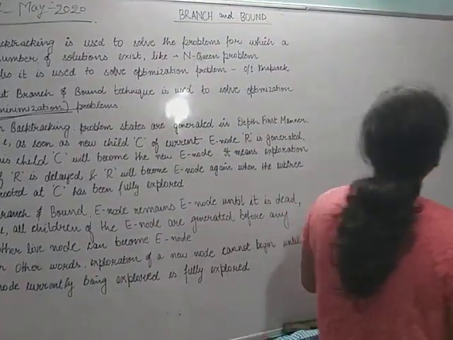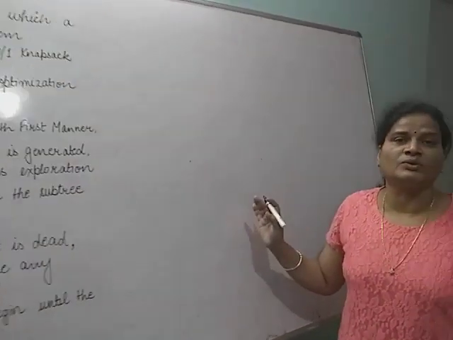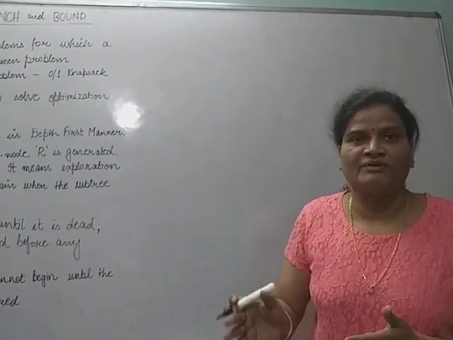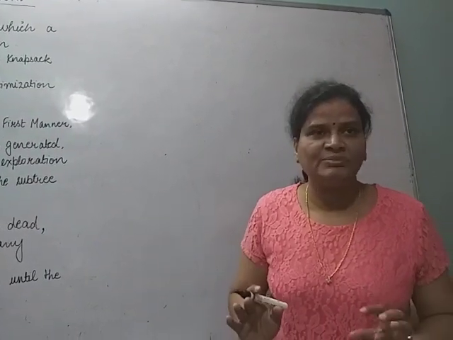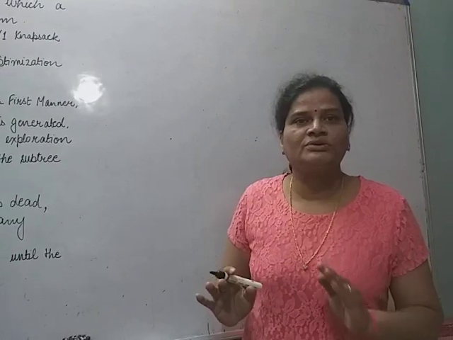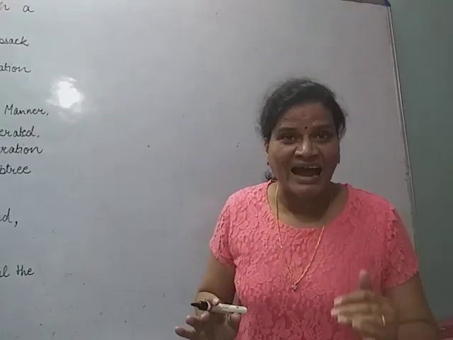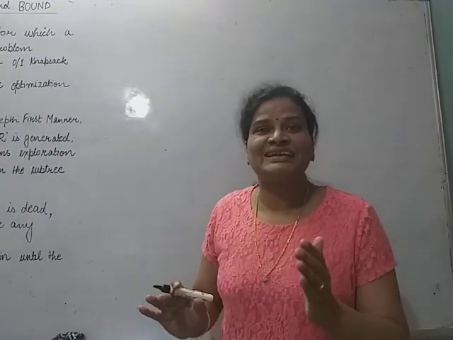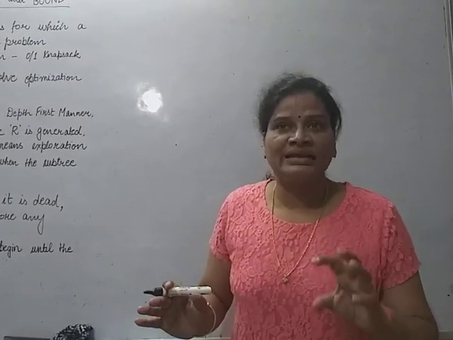See what happens in backtracking. I have given the concept of E node, live node and dead node. Again I am repeating it. As soon as a new node is generated, that node is called a live node. When a live node starts generating children, the live node which is currently being explored is called the E node.